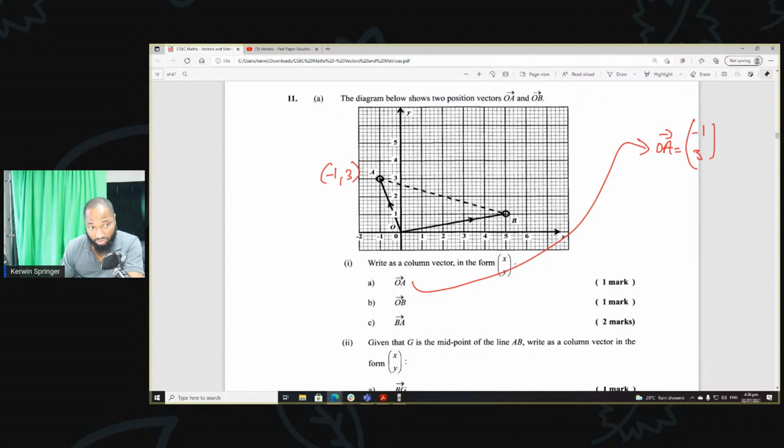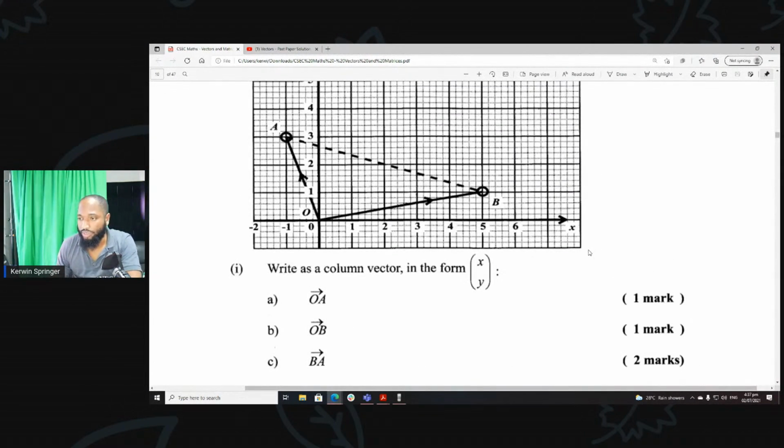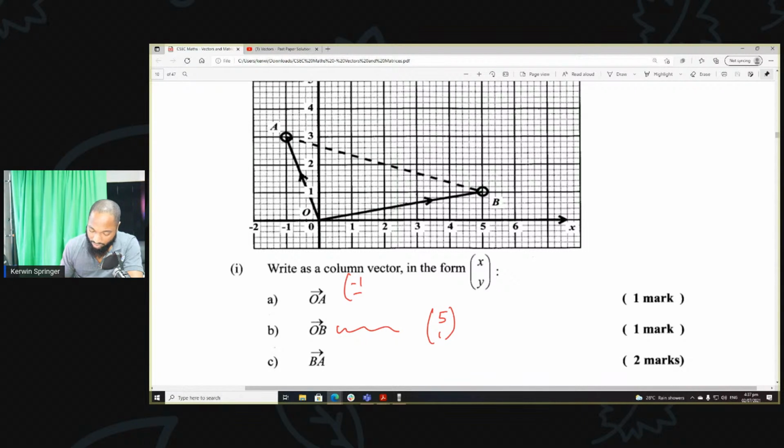That's it. OB, same thing: 5, 1. You'll end up with 5, 1 like that. This one was -1, 3, and as you go back -1, then you go up 3. Or you could use the coordinates and just figure it out.